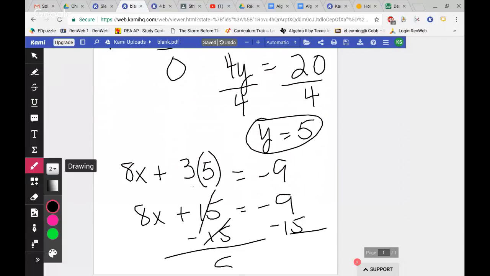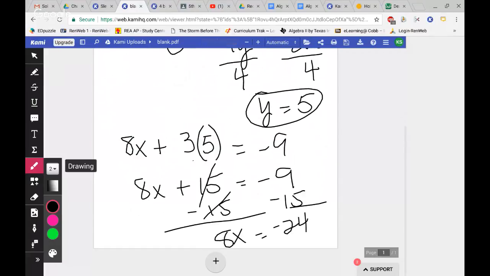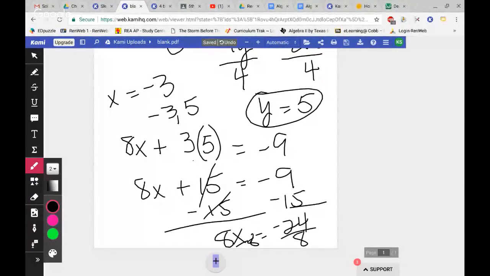That's going to leave me 8x equals negative 24. Then 8x divided by 8 leaves me an x on this side. I'm going to write it over here. Sorry about that, guys. x equals negative 24 divided by 8, which is negative 3. So my ordered pair is negative 3 and 5.